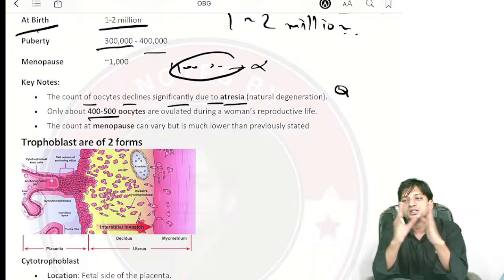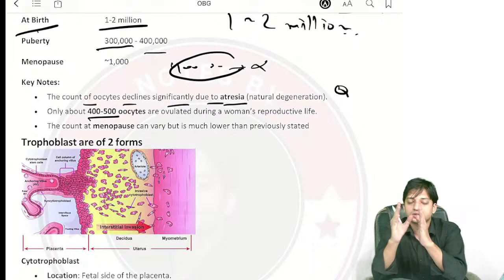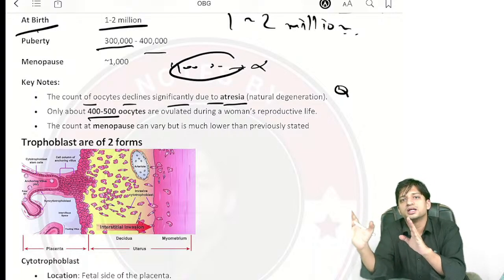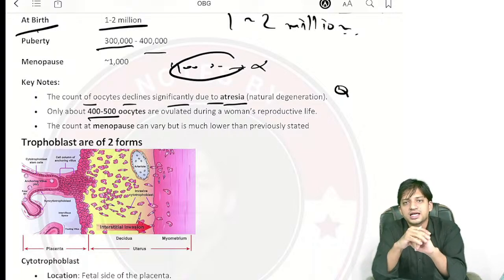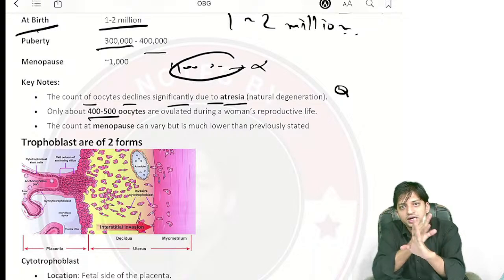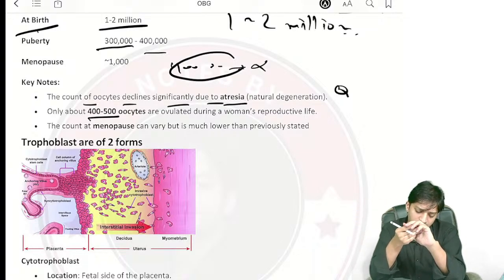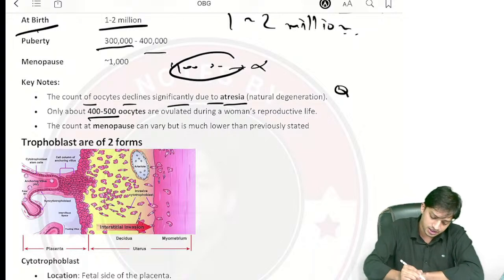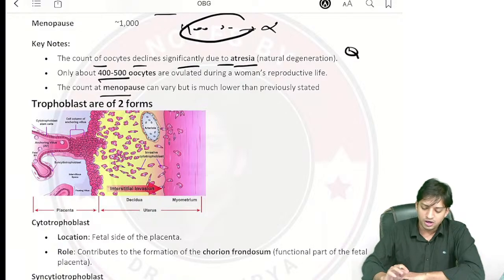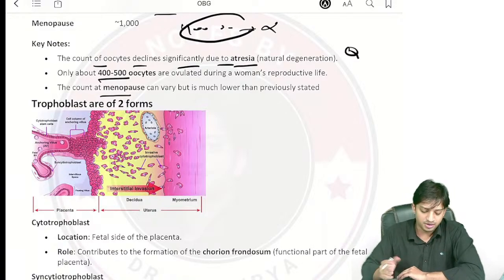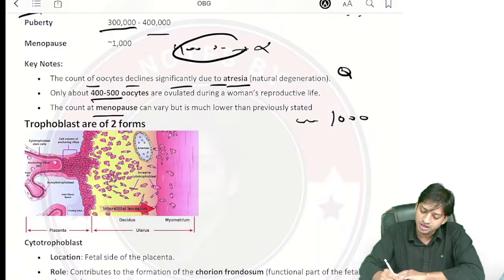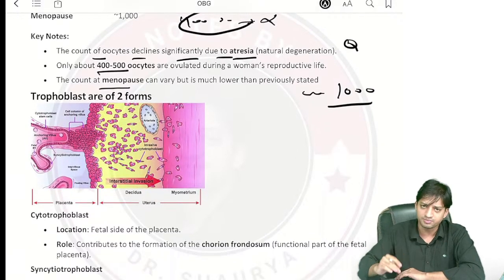She starts puberty at an average age of 12.5 years, and by about 50 she starts having menopause. In this entire duration she uses only about 400 to 500 oocytes. The count at menopause can be variable, but it is much lower than before, approximately 1000 or something less.